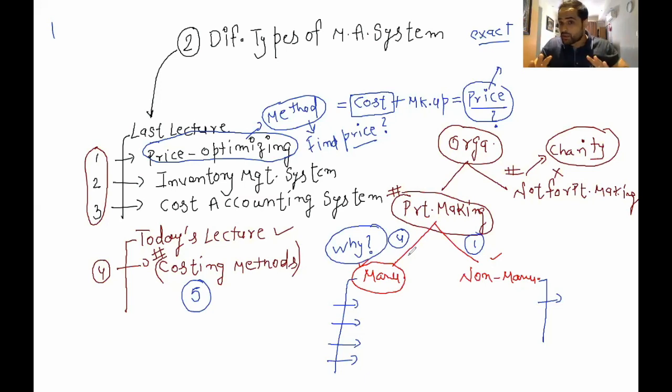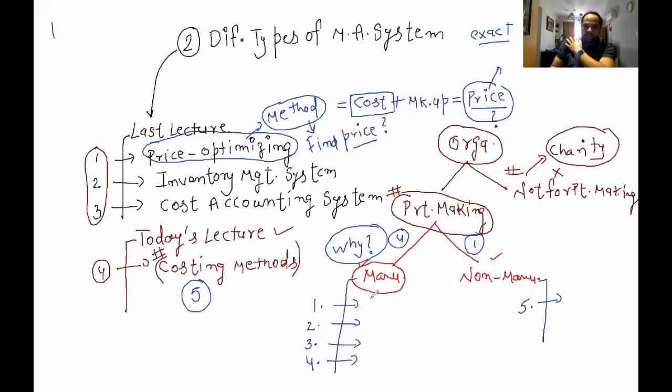However, all kinds of non-manufacturing companies are the same in nature, which is that all kinds of services are intangible, right? So keeping this in mind, now 4 methods, and 5. So in total we have 5 methods.